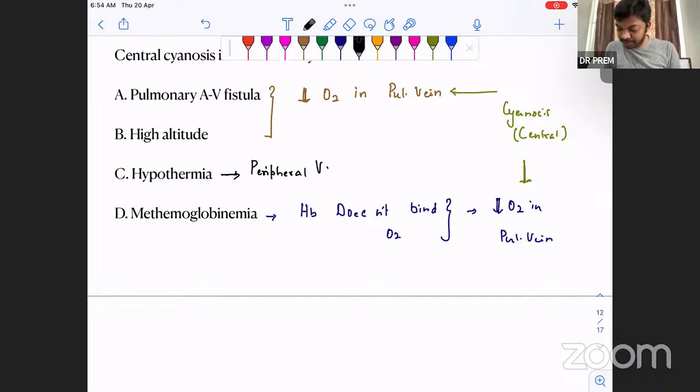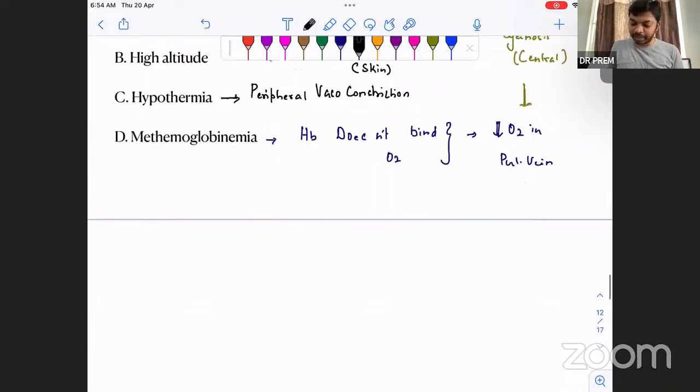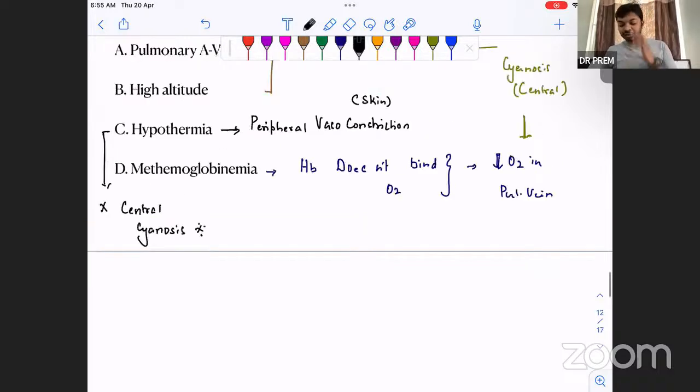Peripheral vasoconstriction is seen in the skin, and this does not cause central cyanosis. Hypothermia will not cause central cyanosis, doctors. It's a simple peripheral vasoconstriction. That is all. It is not to the extent of causing central cyanosis.